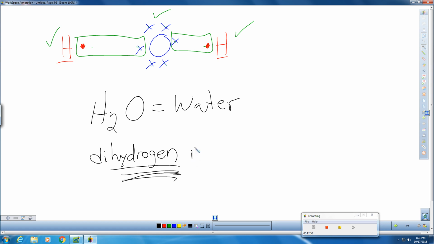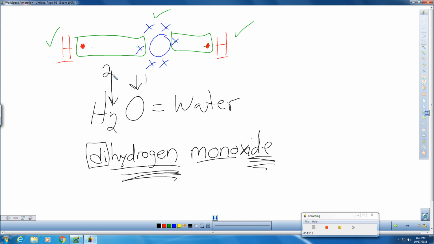The second name is going to have an IDE ending on it, but this is going to be called monoxide. And it's mono because we only have 1 atom of oxygen, and it's oxide to show that it is actually bonded together. This one is dihydrogen because we actually have 2 atoms of hydrogen in this mix.